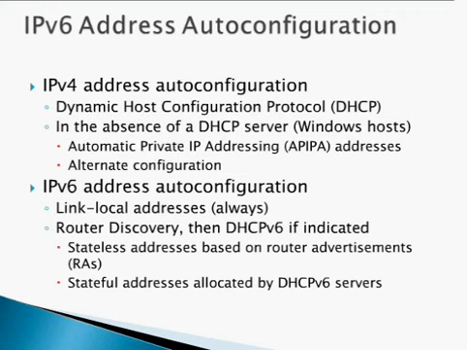One of the things that we can get are what are called stateless addresses based on received messages from routers called router advertisements, or RAs, or if indicated by the routers, we can query DHCPv6 servers and get what are called stateful addresses. So the router discovery is that crucial process that tells us that there are routers on the local subnet, configures some configuration parameters, but also tells us whether we need to go to DHCP for additional information or addresses.